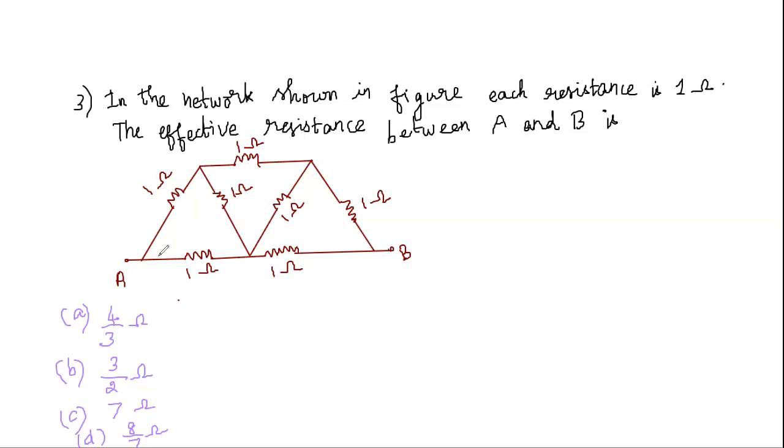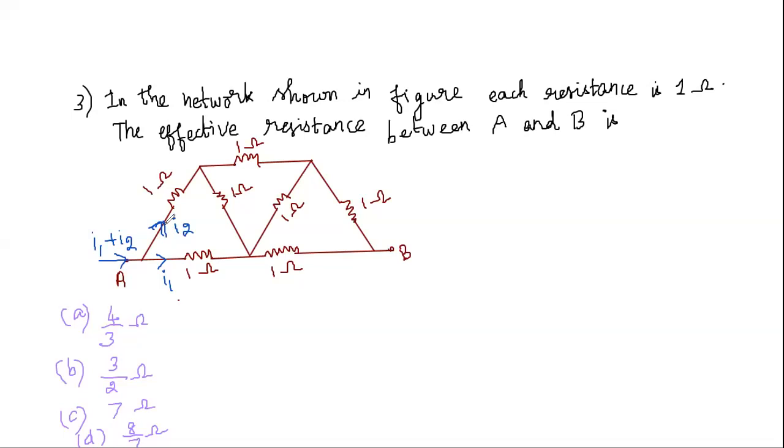Let me consider that the current through this branch is I1, and the current through this branch is I2. What will be the current entering through A? It will be I1 plus I2. Then here you will be having I1, and here you will be having I2.